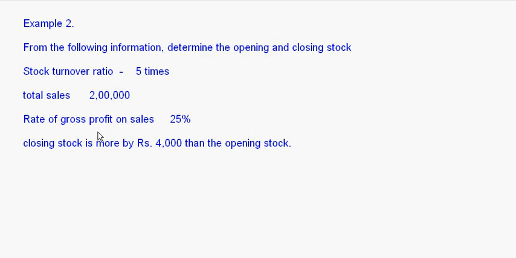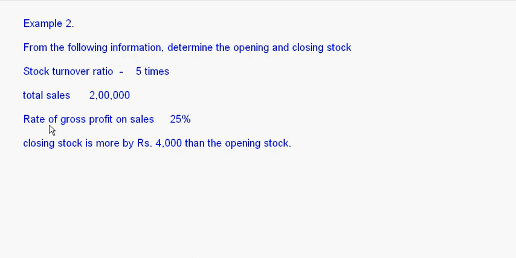Okay, so let's do how to do this type of a question. First of all, we'll find out the gross profit. Now I'll go back to the question. It says rate of gross profit on sales is 25% and total sales is 2 lakh.